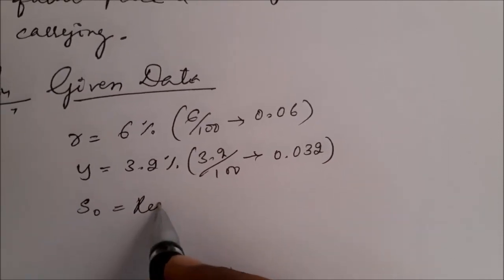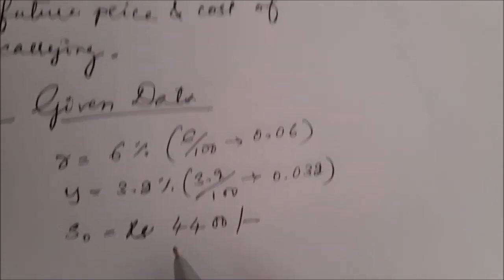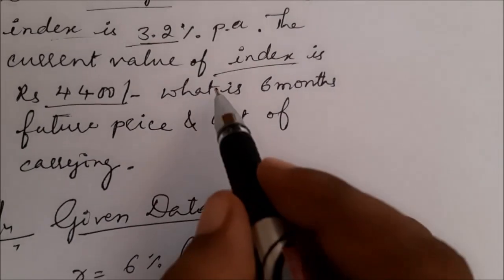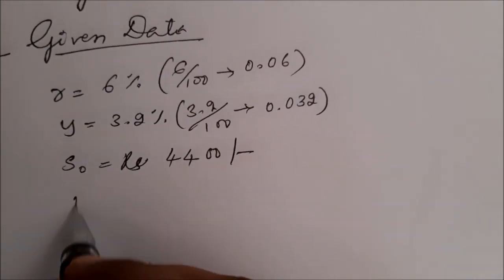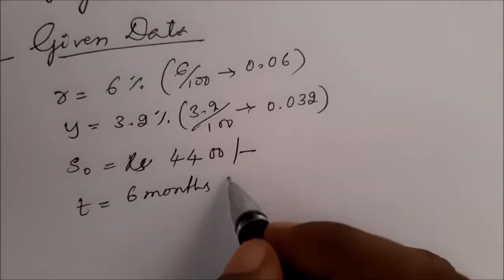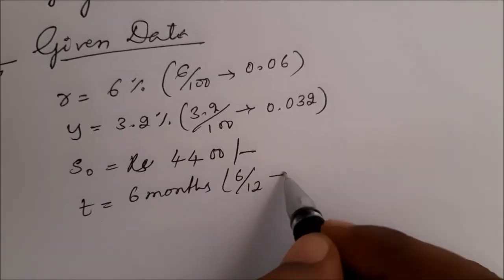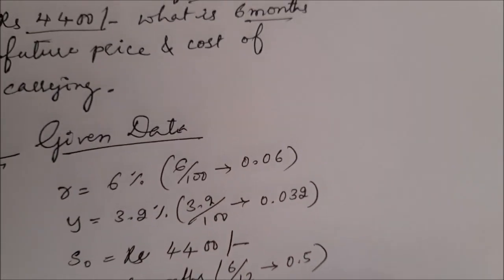Rupees how much? 4,400. Next, the time, 6 months is given. So 6 divided by 12, 0.5. So put this information in the formula.